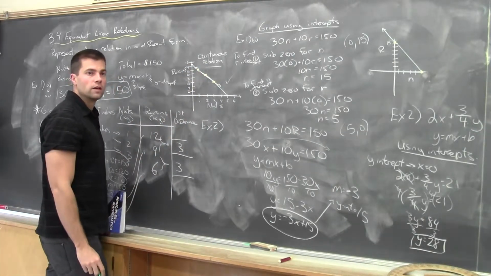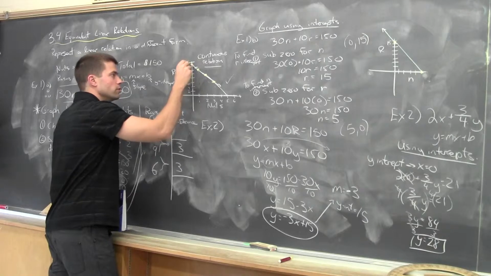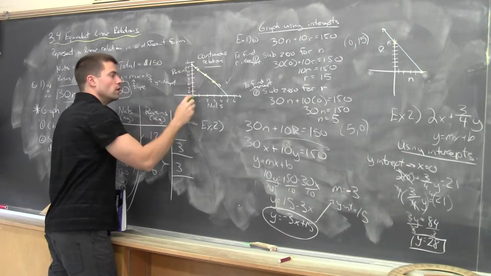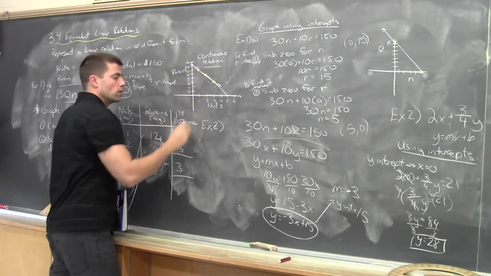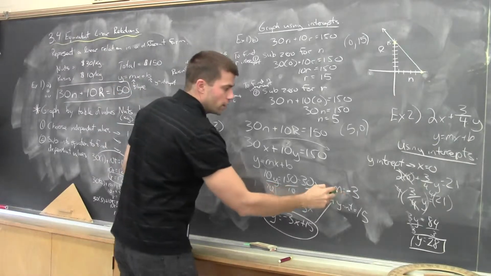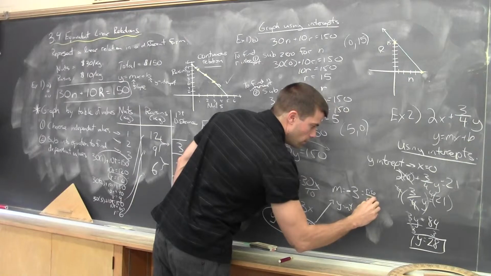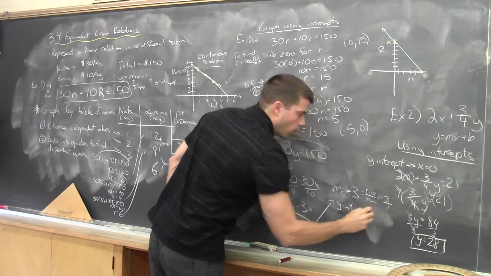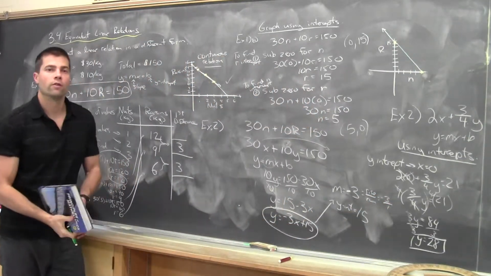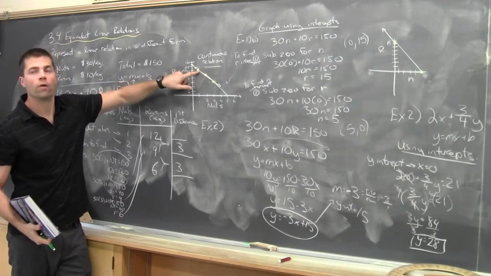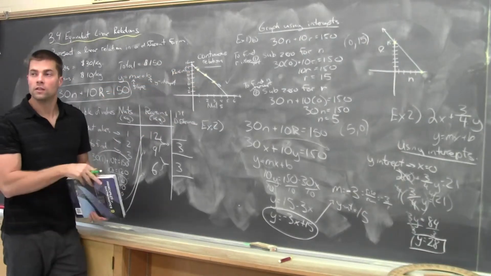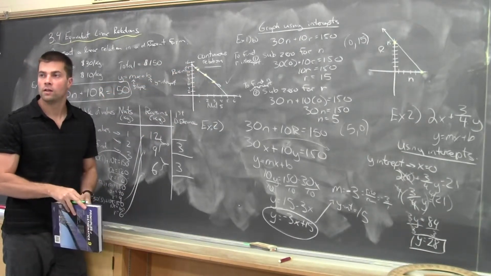So the rise is negative 3, so we're going down 3: 15, 14, 13, 12, and over 1, we're running 1. Remember, a slope of negative 3 is rise over run, which is negative 3 over 1. So we're moving down 3 every time we run 1. Okay, so do you guys see how it's the exact same line?